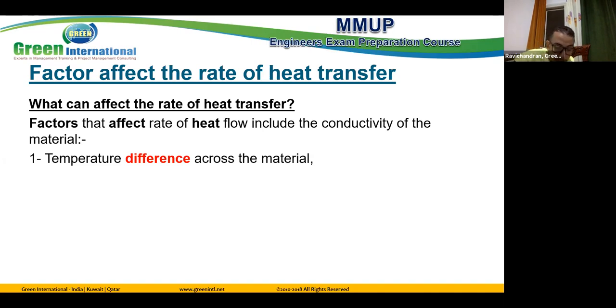So the temperature difference between the surfaces is one of the factors affecting heat transfer.